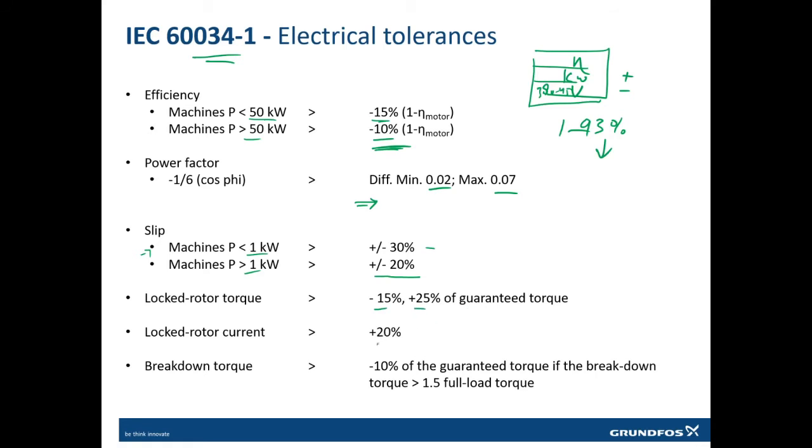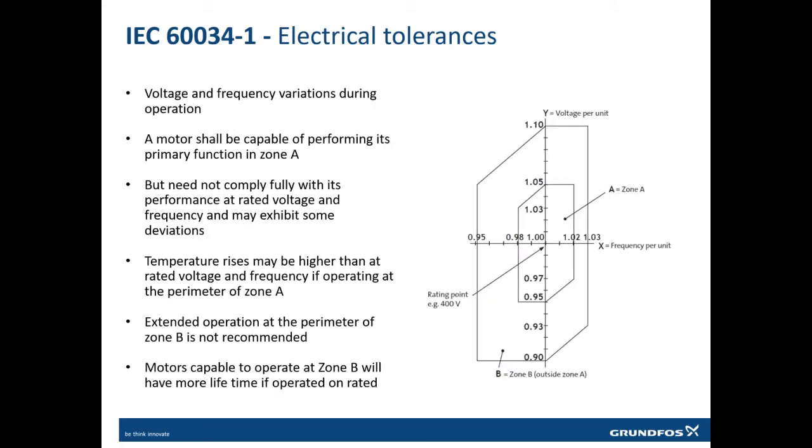Breakdown torque shall not be less than the guaranteed torque, if the breakdown torque is greater than 1.5 times the full load torque. So these are the characteristics given by the IEC standard, which motor manufacturers must follow.